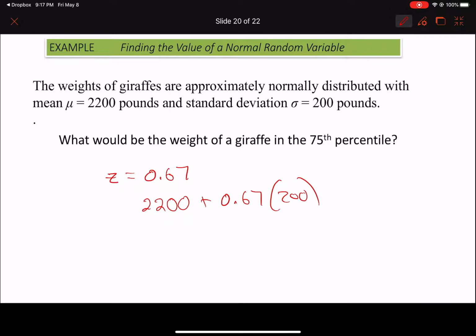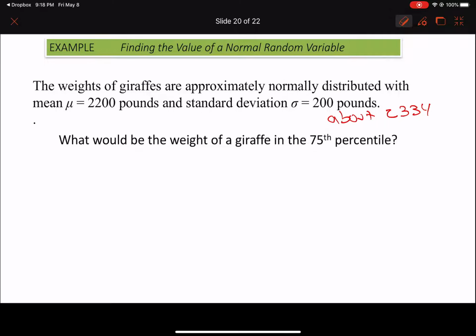Let me throw that in my calculator real quick. And I got about 2334 pounds.